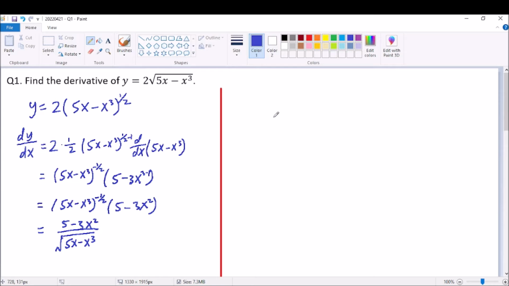Now I demonstrate using chain rule. y equals 2 u(x) to the power half, where I let u(x) equal 5x minus x cubed.